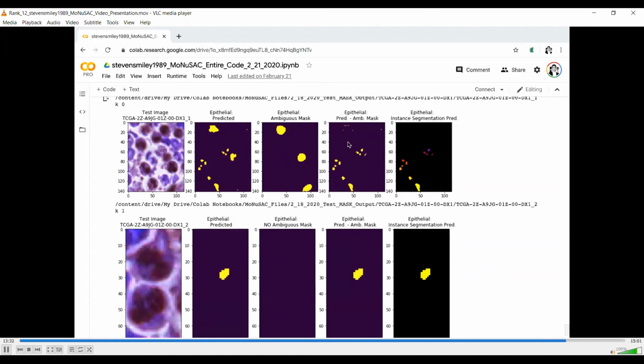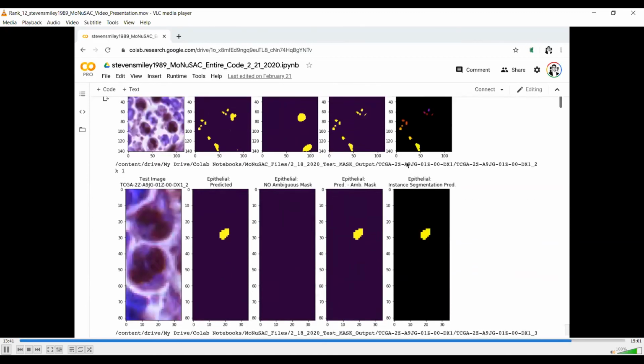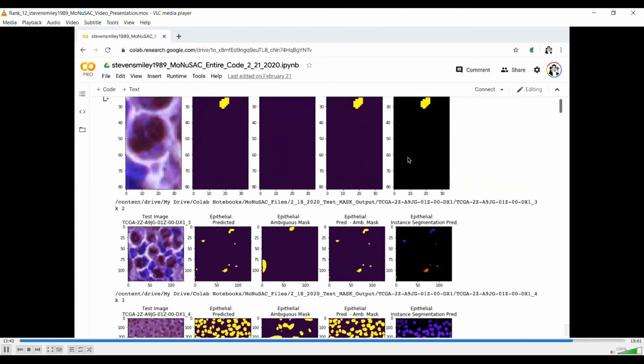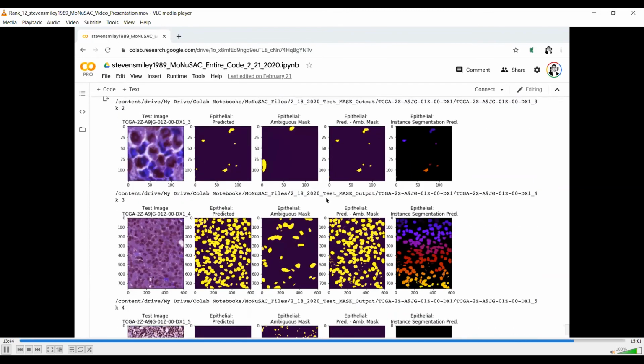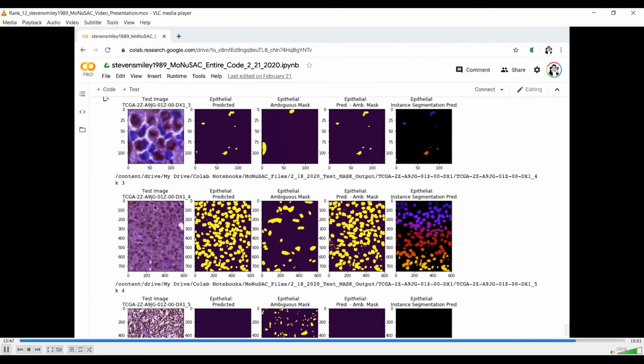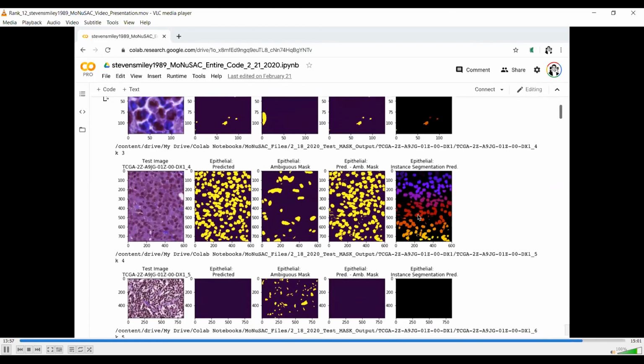That way it didn't count against you when they were evaluating the PQ values for the leaderboards and the overall competition results. So you can see in this example for the test what it's seeing. It's saying, all right, here are your epithelials predicted, here's the mask image, subtract, and here's what the instance segmentation would be.